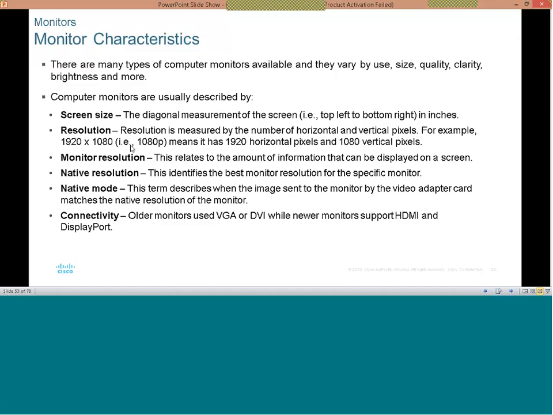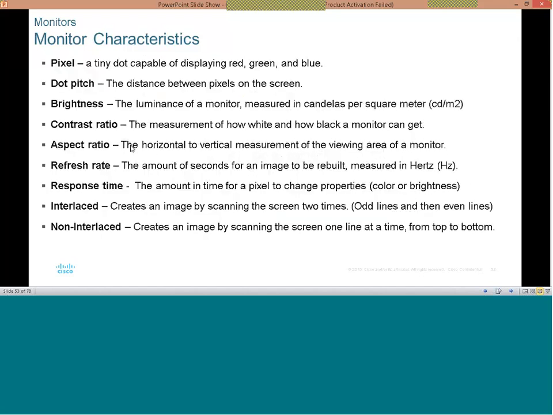You can do this to show your students what monitor characteristics mean in terms of clarity, quality, brightness, and size.